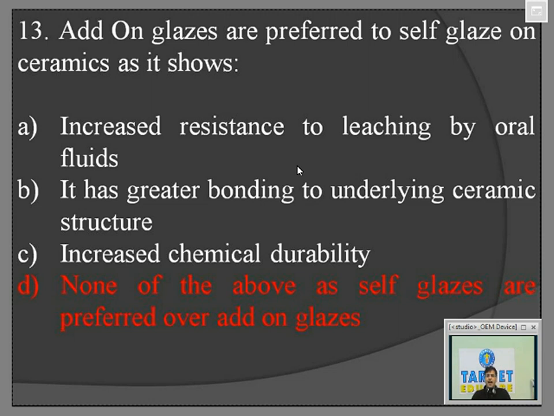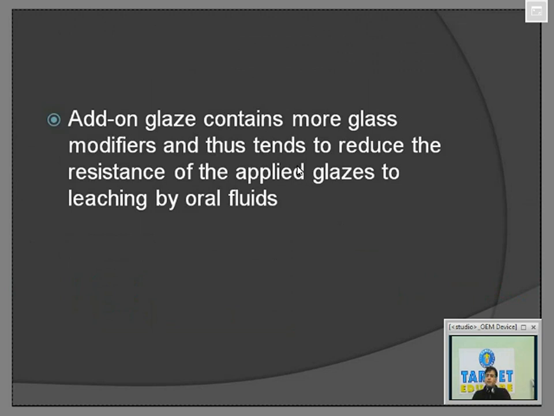So here the question asked is, add-on glazes are preferred to self-glaze on ceramics as it shows. The correct answer would be none of the above, as self-glazes are preferred over add-on glazes. Why?